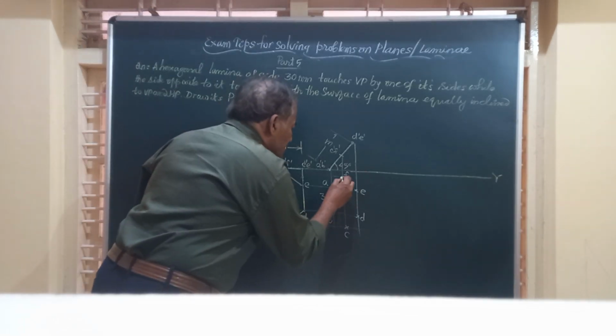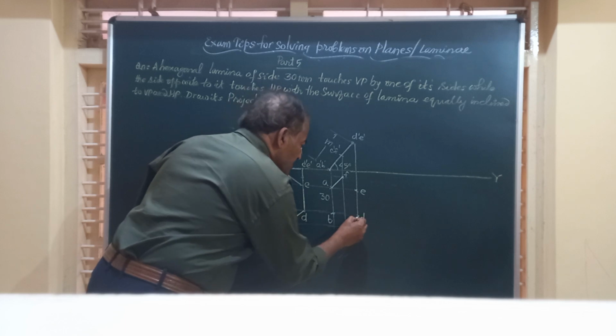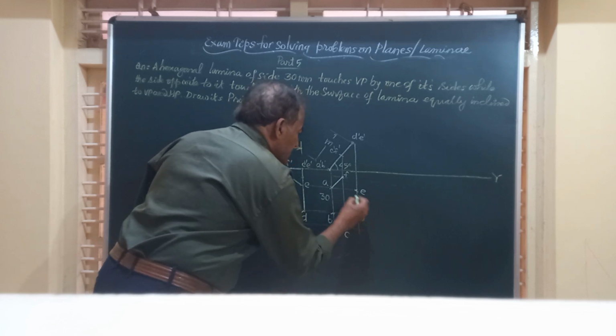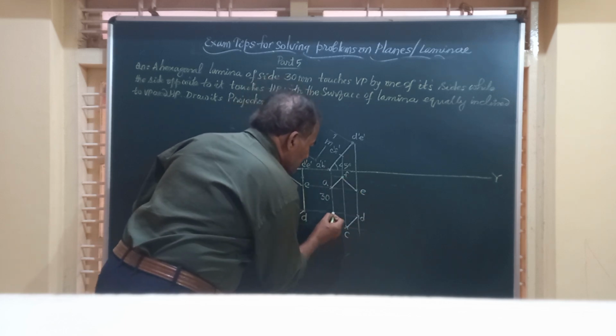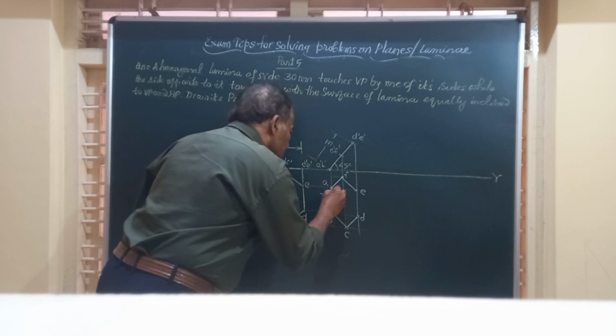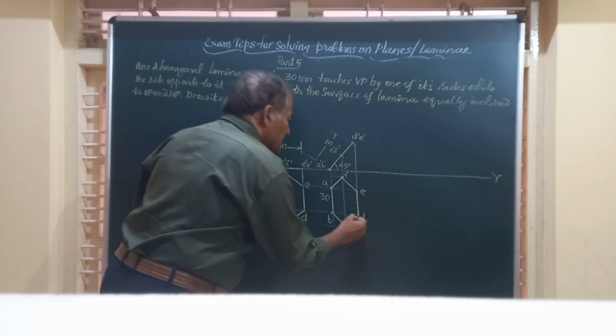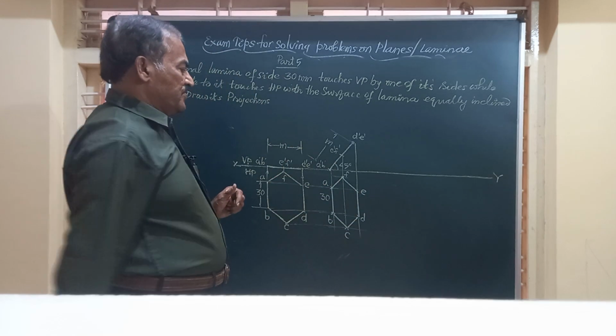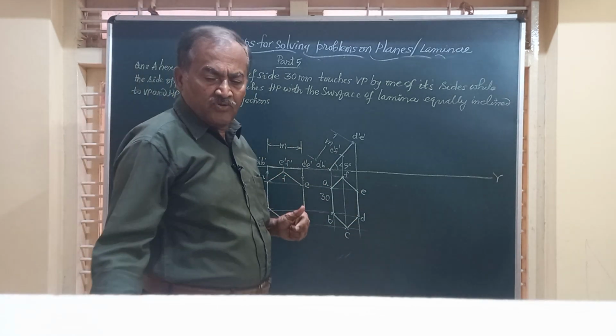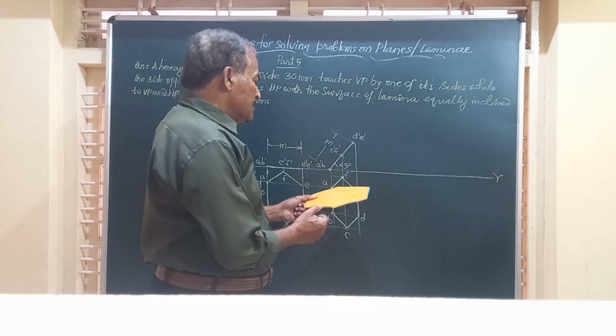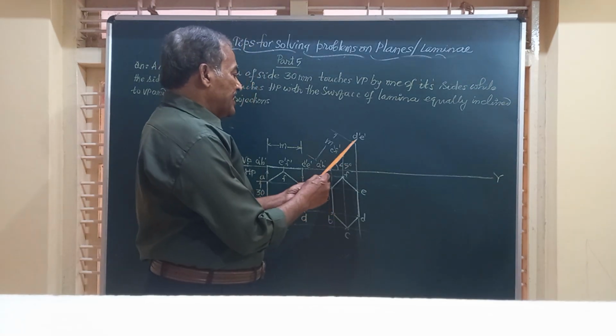We will join them by straight lines like this: A to B, B to C, C to D, D to E, E to F, and F to A. And this is how the lamina looks when the surface is at some angle.